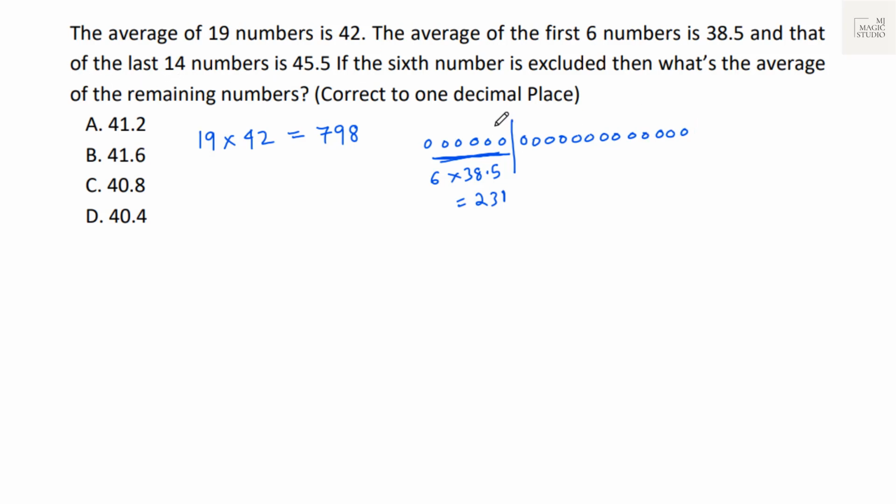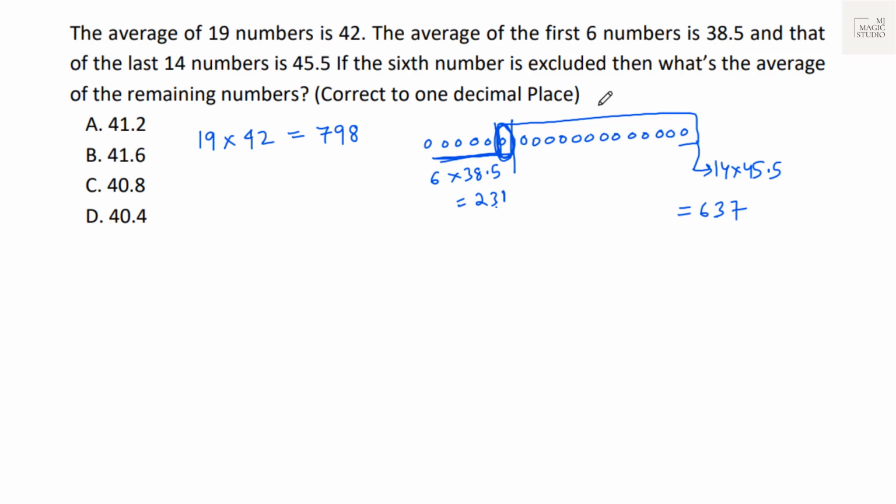And the average of last 14 numbers, these are 14, is 45.5. That means total is 14 into 45.5. That is 637. We can see that if I add these two numbers, this particular sixth value I am adding twice.